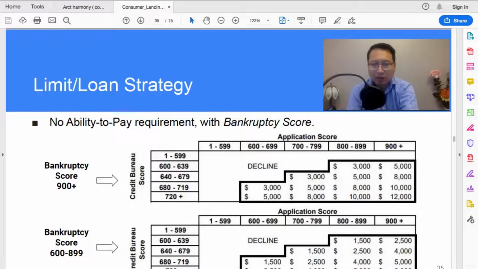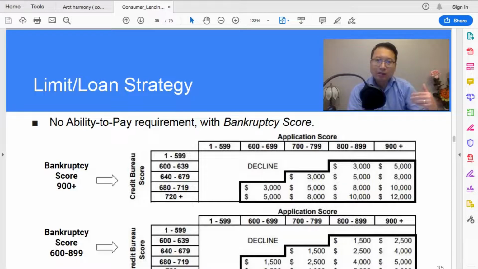You can see that essentially the limit is chopped by half, right? So the highest, instead of 12,000, is now only 6,000. The lowest, instead of 3,000, is 1,500. So this is one way to mitigate the potential bankruptcy risk.